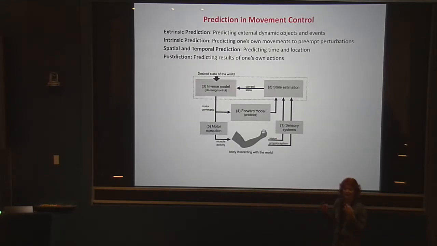So why? Let me elaborate how essential prediction actually is in our movements. To start with extrinsic prediction, or dynamic interception, which is the specific paradigm that we then elaborate on. When we move in the real world, we continuously interact with objects, with our environments, with humans, like shaking hands.